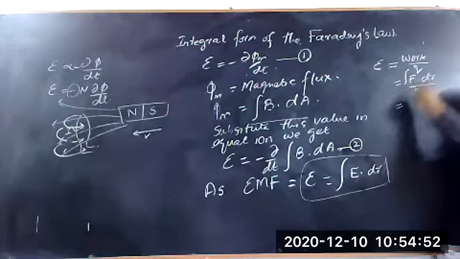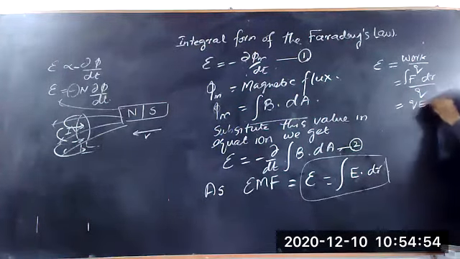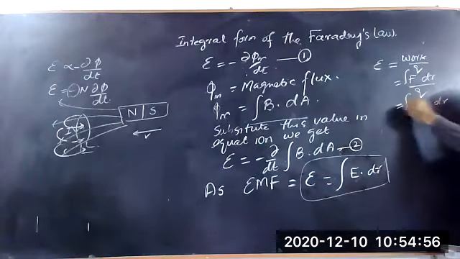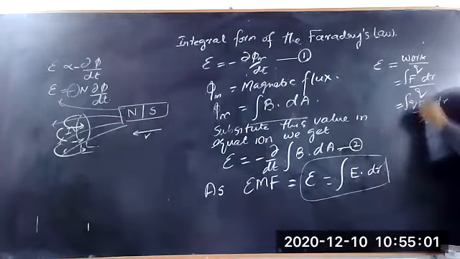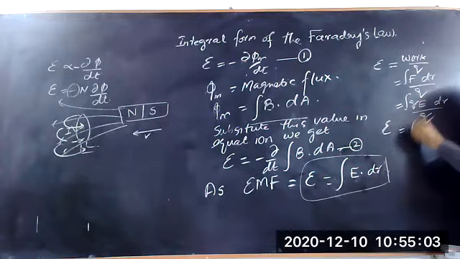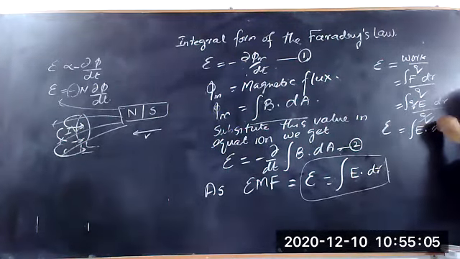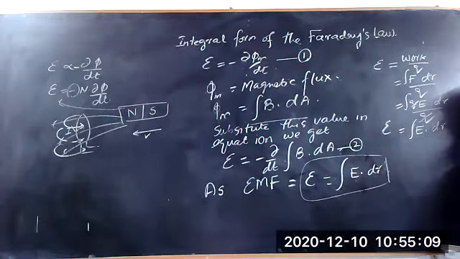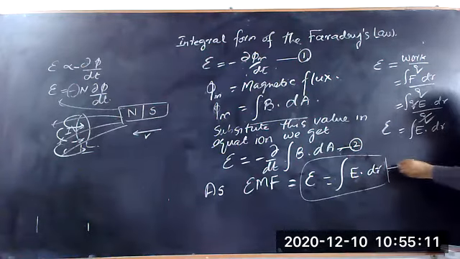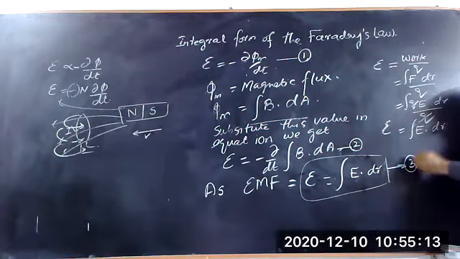The force is equal to Q into E, so Q into E into dr divided by Q. So this Q cancels, and EMF is equal to the electric field multiplied by the distance dr. Therefore we have equation number 3.